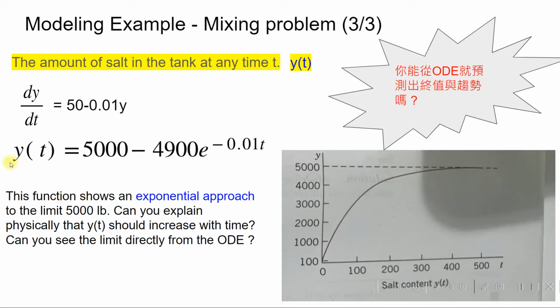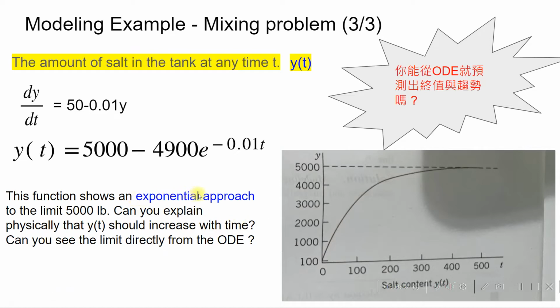So finally, we got the y of t, and this is the ODE in a separable form, and here it says this function shows an exponential approach to the limit 5,000 pounds. Can you explain physically that y of t should increase with time?